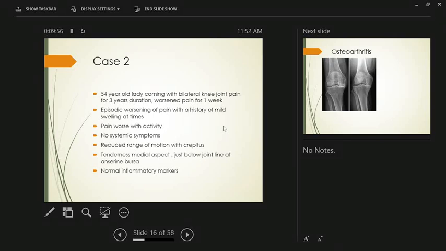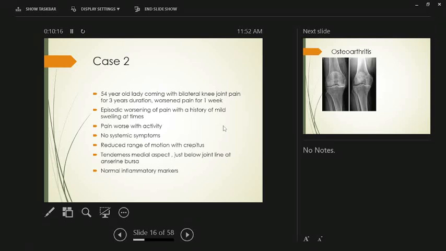The second case is a 54-year-old lady coming with bilateral knee joint pain for 3 years duration, with worsened pain for 1 week. There is episodic worsening of the pain with a history of mild swelling at times. Her pain is worse with activity, and she doesn't have any other systemic symptoms.